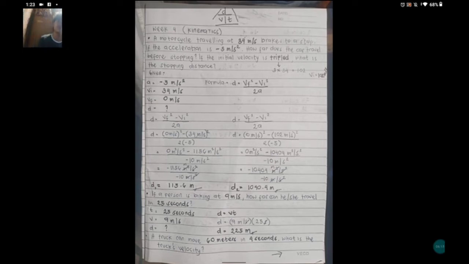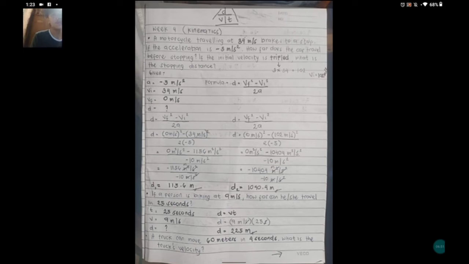So, the second problem, if a person is biking at 9 meters per second, how far can he or she travel in 25 seconds? So, ang given dito ay time is equals to 25 seconds, velocity equals 9 meter per seconds, and distance ay nga yung hinahanap natin. So, yung formula ay distance is equals to velocity times time.